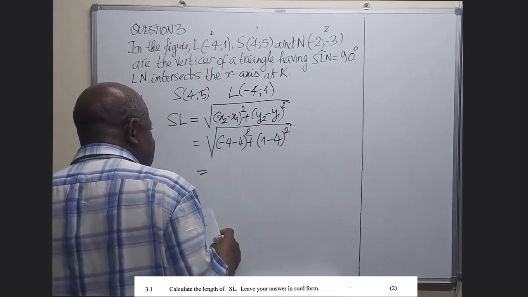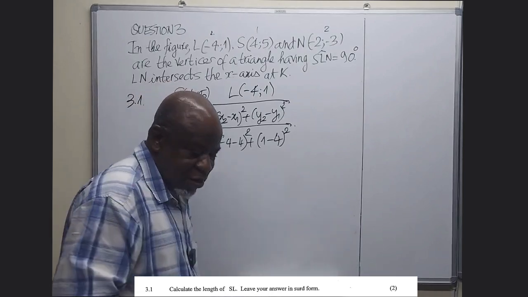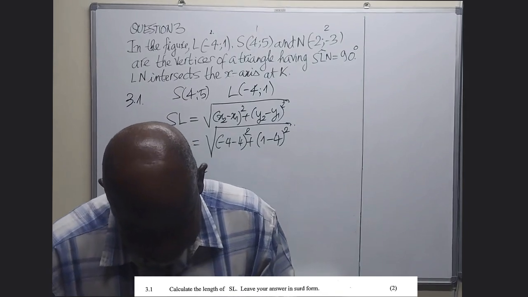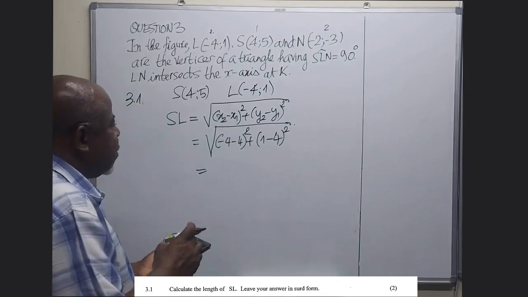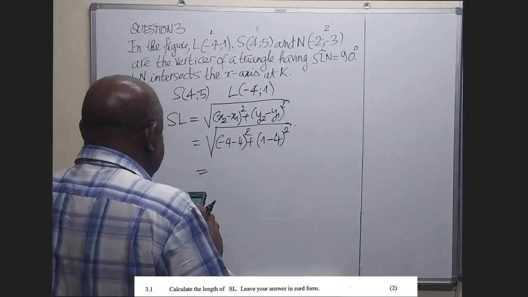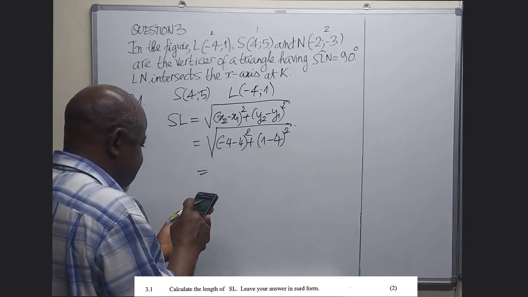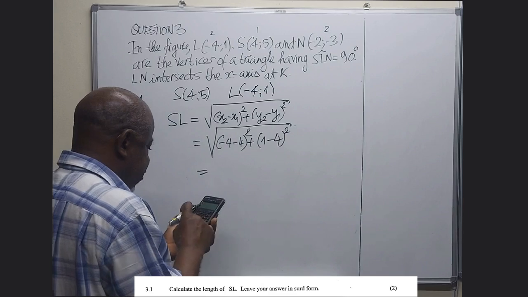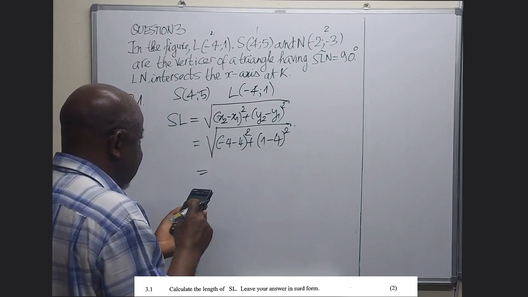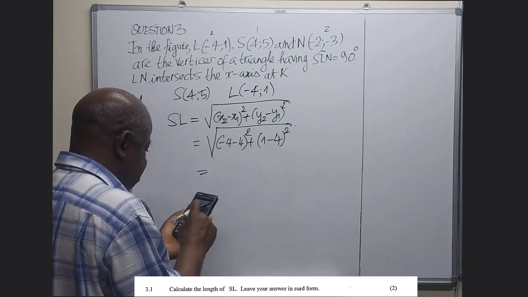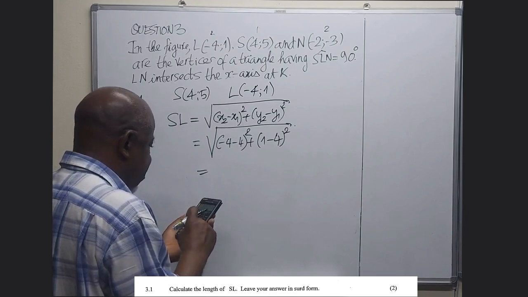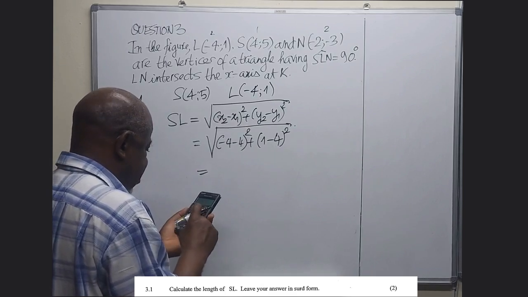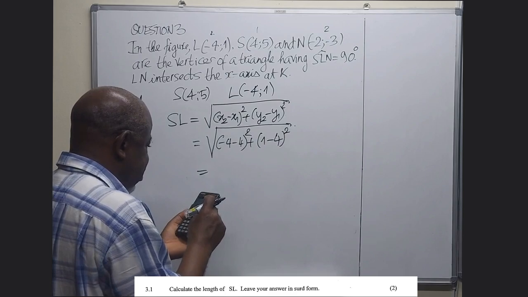And then we're going to use the calculator to get this distance. The square root of negative 4 squared plus 1 minus 4 squared.